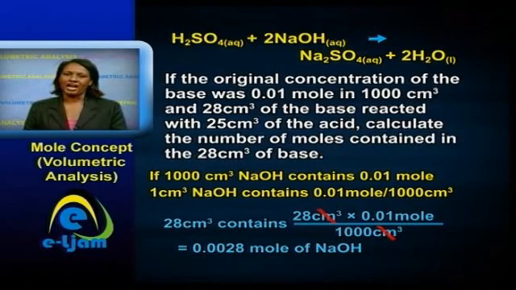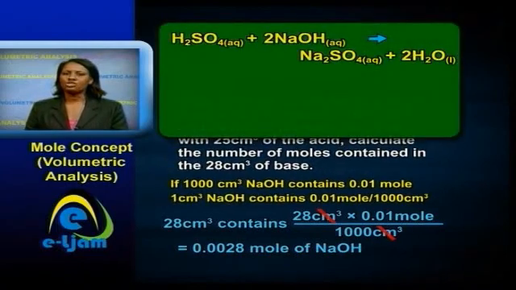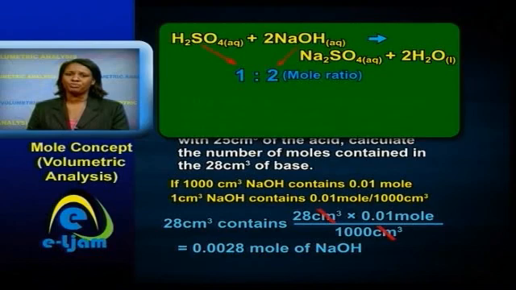Let's look at the reaction equation. H2SO4(aq) + 2NaOH(aq) gives Na2SO4(aq) + 2H2O(l). Based on the equation above, the mole ratio of acid to base is 1 to 2.